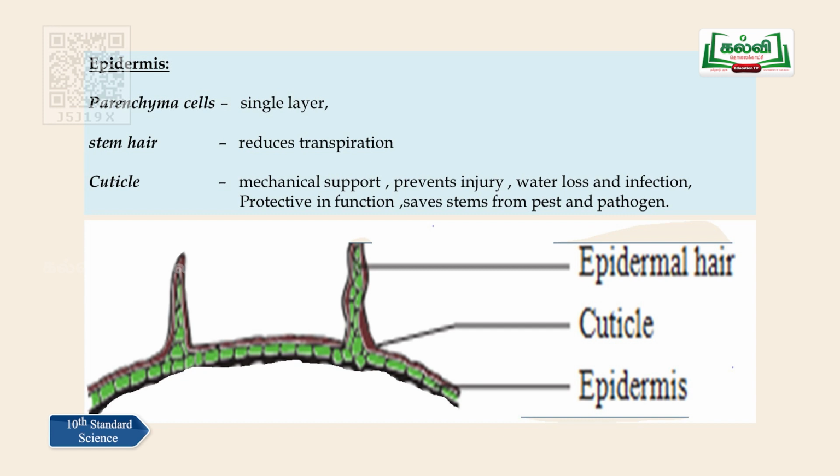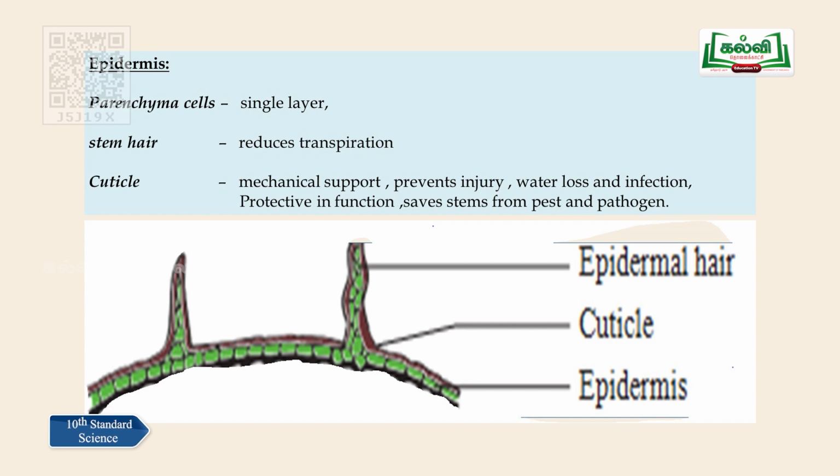Epidermal hairs are largely present in plants which are in high temperate regions. In cold regions, the plants will not show so many epidermal hairs. Then it is covered by the cuticle, and the epidermis is made out of parenchymatous cells.